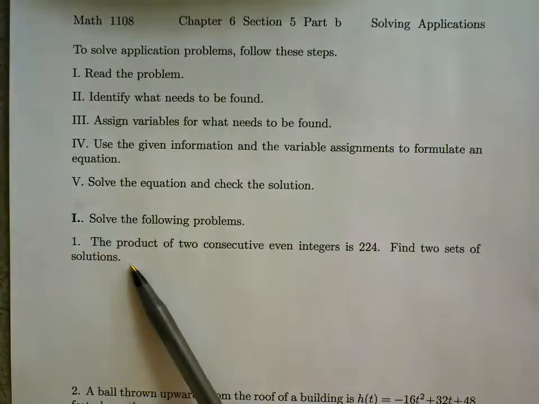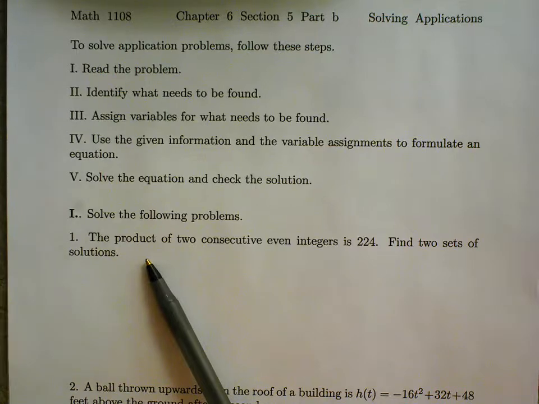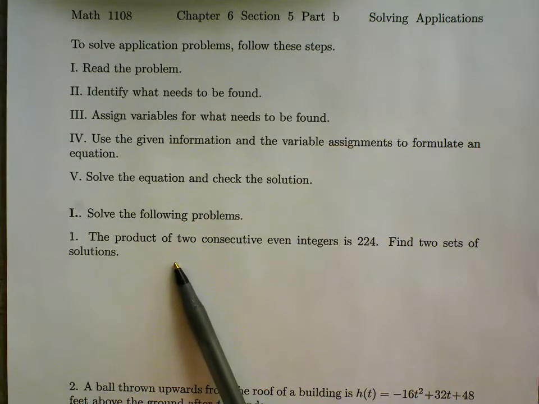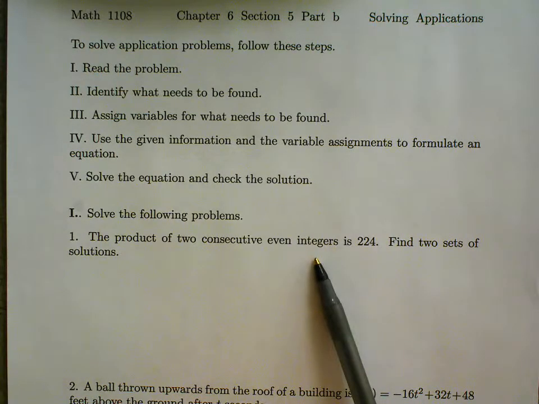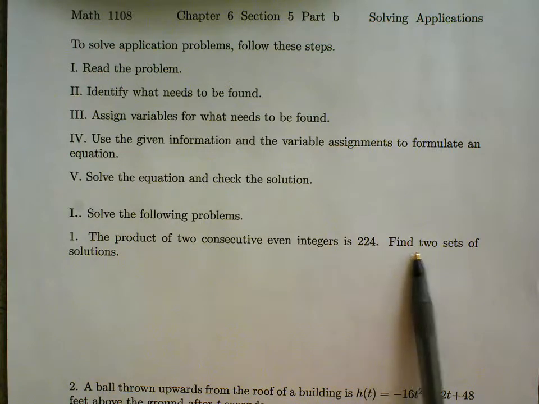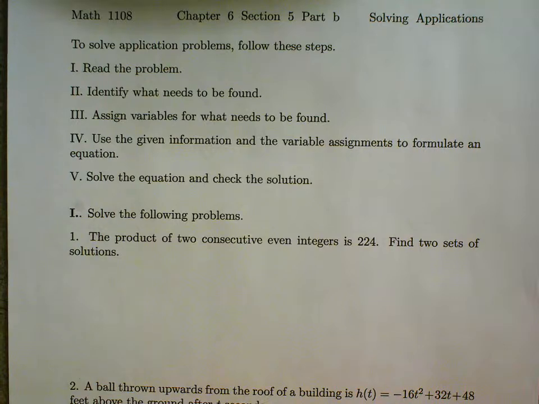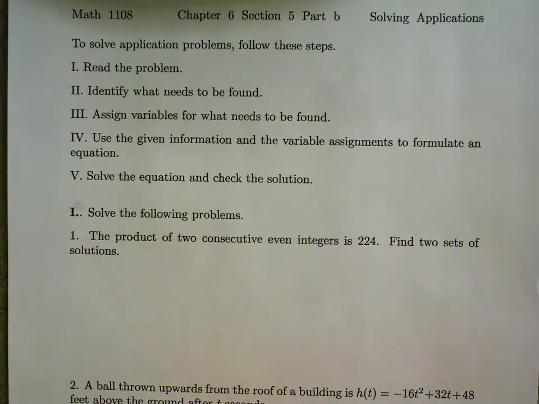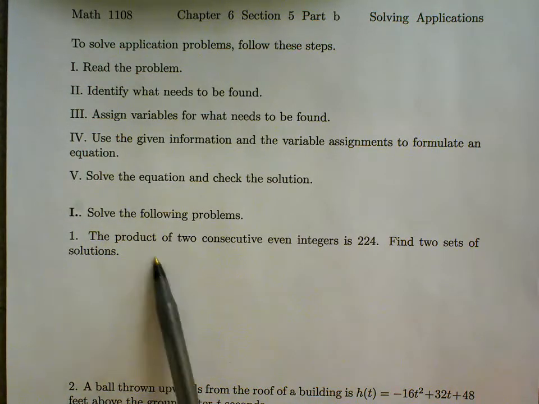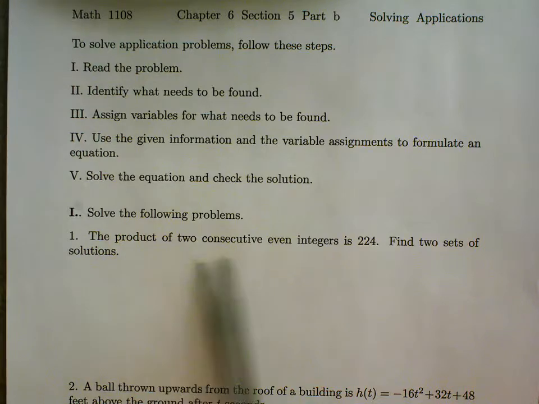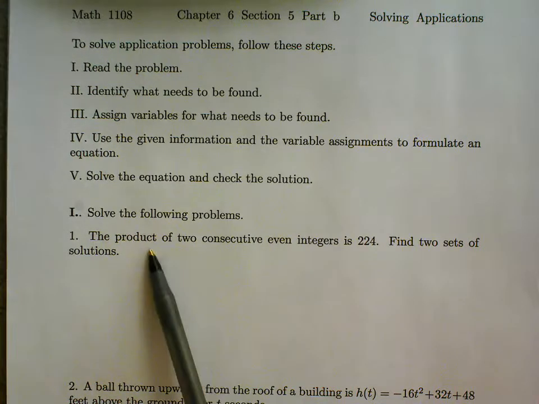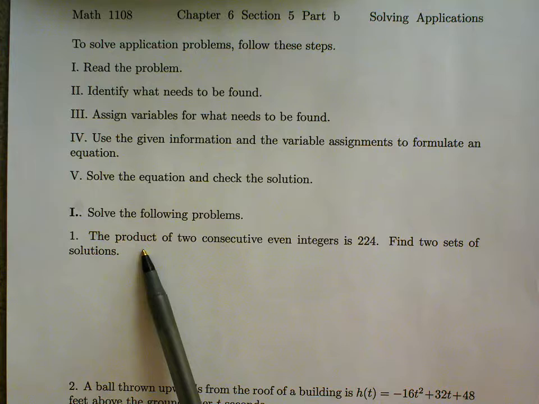Okay, the first problem: the product of two consecutive even integers is 224. Find two sets of solutions. Well, the product of two numbers is what you get when you multiply them.